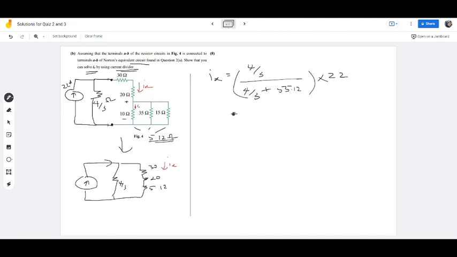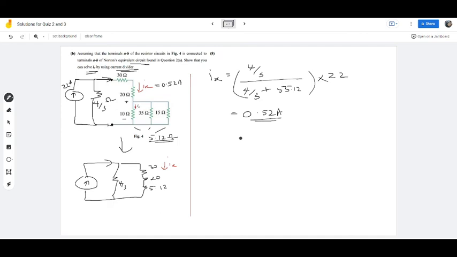You plug into your calculator, you should roughly get 0.5196. Let me just make it 0.52 ampere. Once you get this 0.52, this is the current here, passing through 30 ohm, 20 ohm, and 5.12. So Ix equals 0.52 ampere.